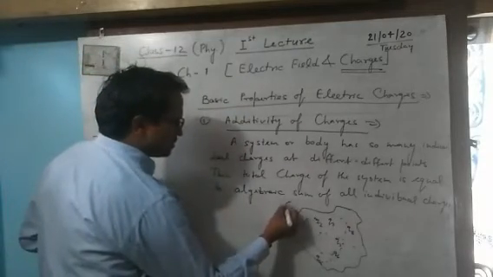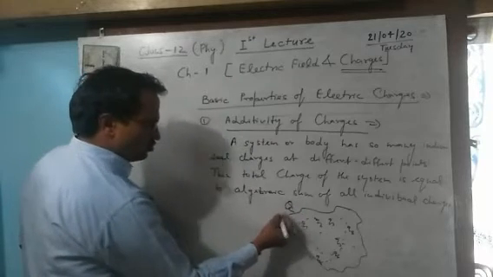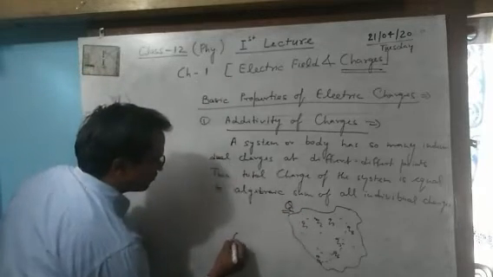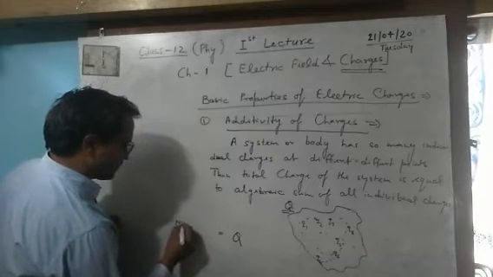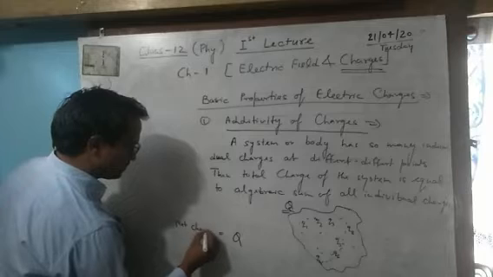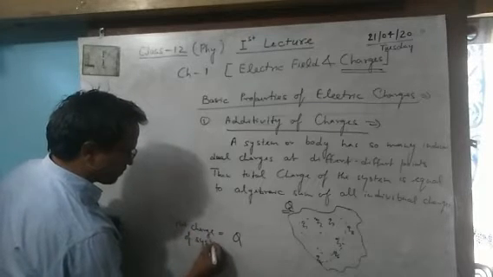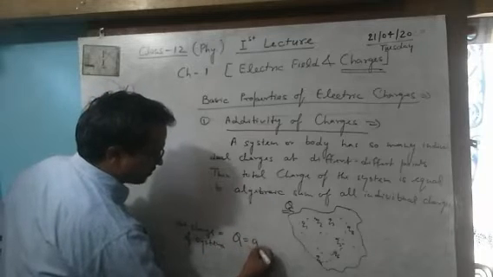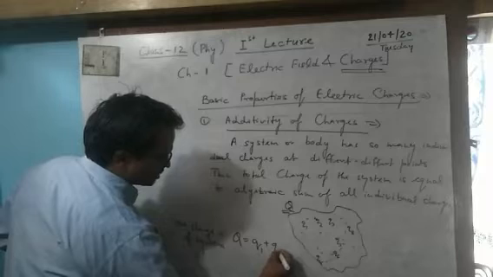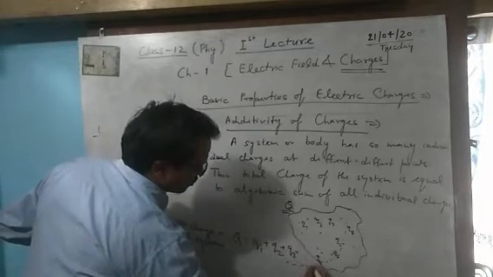Then net charge of this system, suppose Q, this Q means net charge of the system, is the algebraic sum of all individual charges: Q1 plus Q2 plus Q3 up to Qn.